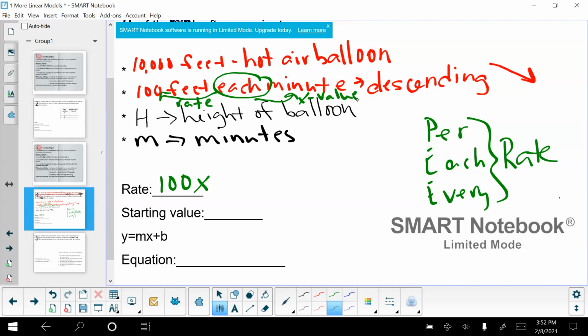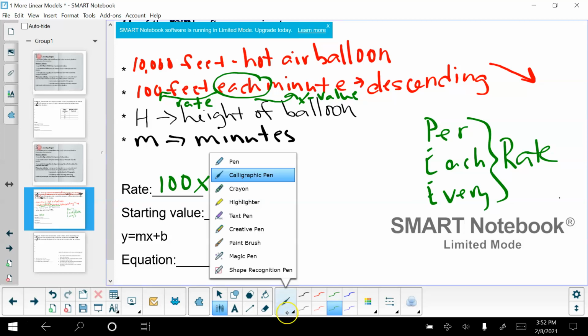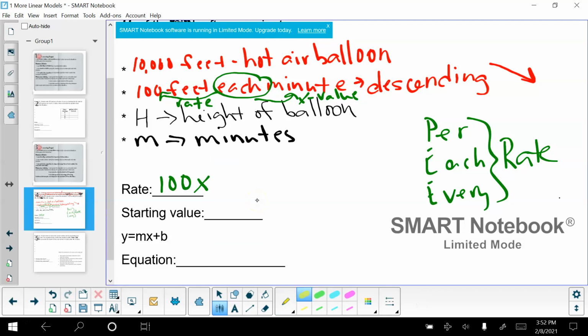Now, going down below it, I notice that I've got m represents minutes. And since I've just got this, I'm going to highlight it. What you want to try to do is make number-letter combinations, make matches, okay? So I know that m represents minutes. When I go back up and look at the top, I want to find that, and I've got minute here with the 100. So the 100 goes with the minutes.